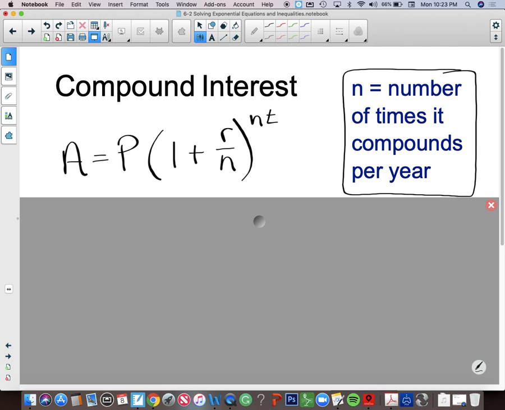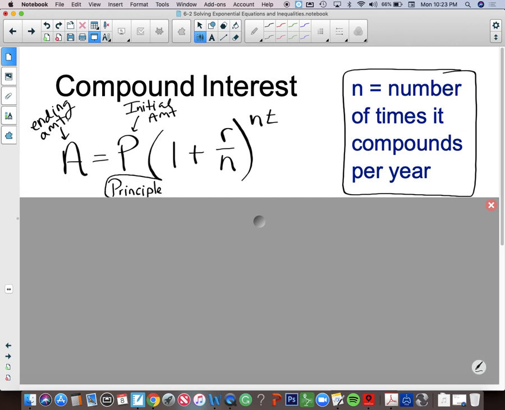A is the amount we're finding, or the ending amount. P is the initial amount. That's also called principal.